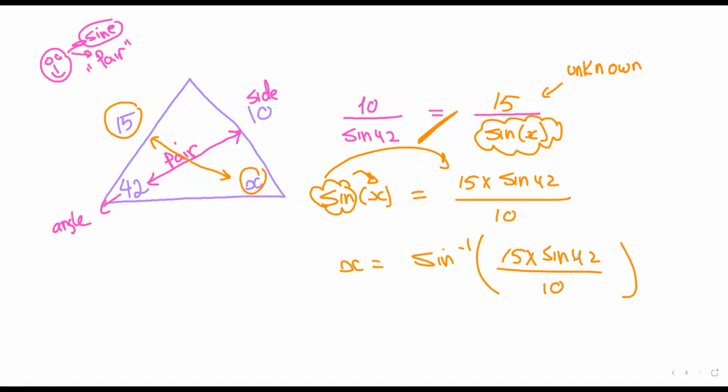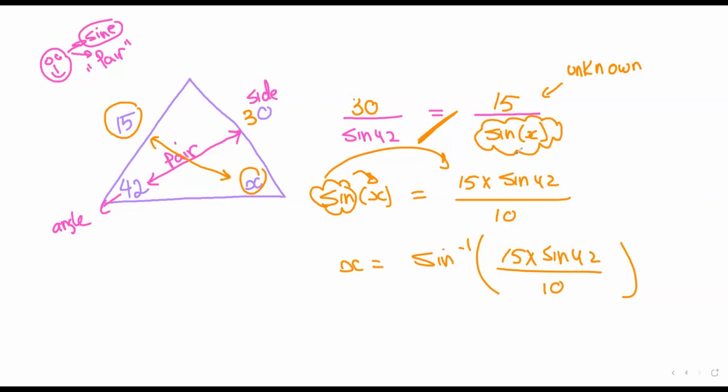And then you just place it on the calculator. It didn't work out. If we make it a bigger number, it might work. Okay, so we can change this to 30. So it's going to be 30 over sine 42 equals 15 over sine x.